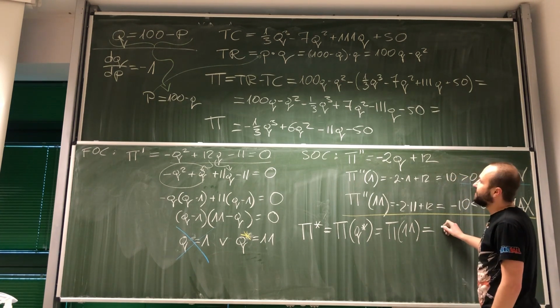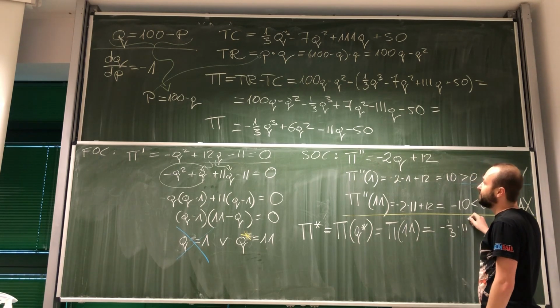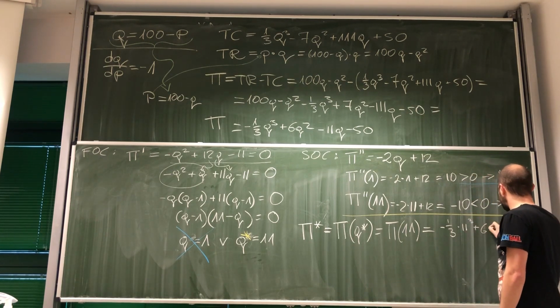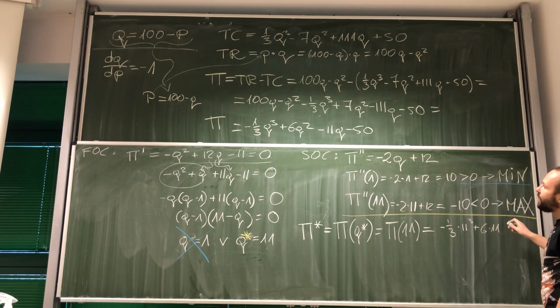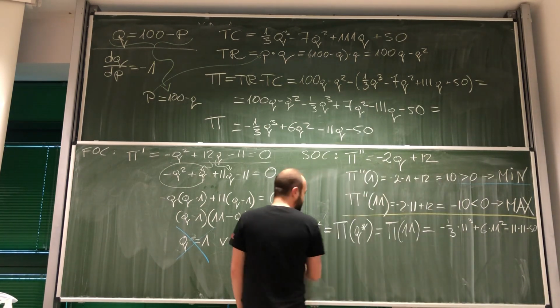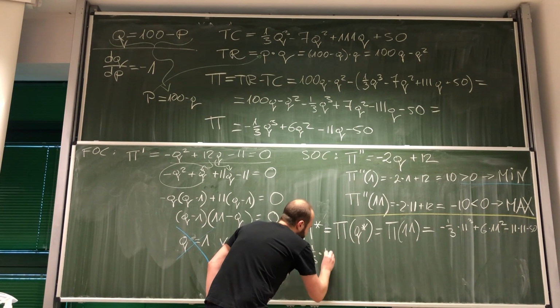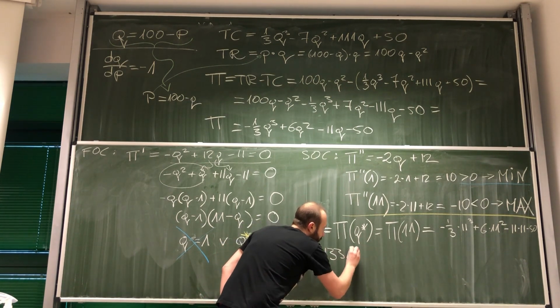So I'm getting that this is -1/3 times 11 to the power of 3 plus 6 times 11 to the power of 2 minus 11 times 11 minus 50. Okay, so what am I getting out of this? So I'm getting -1/3 times 1,331.